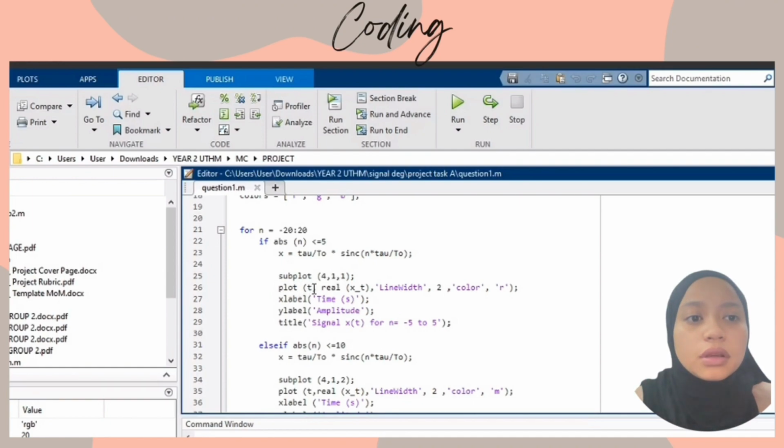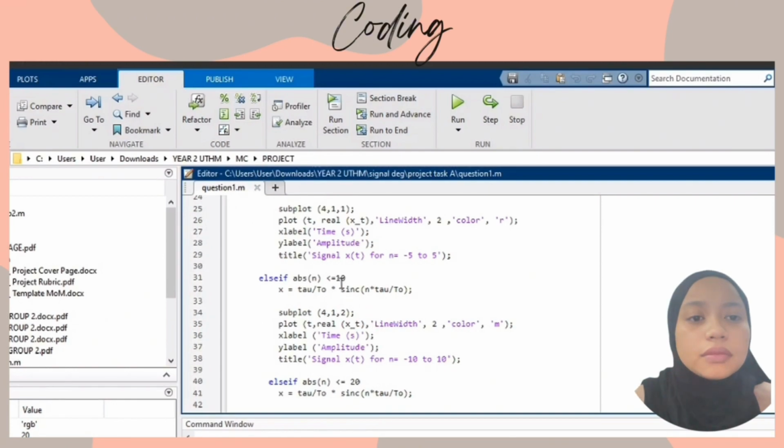We will plot the line graph with the color red, and for the x label we will label time, and the y label will be amplitude. The title is signal x(t) for n equals -5 to 5.